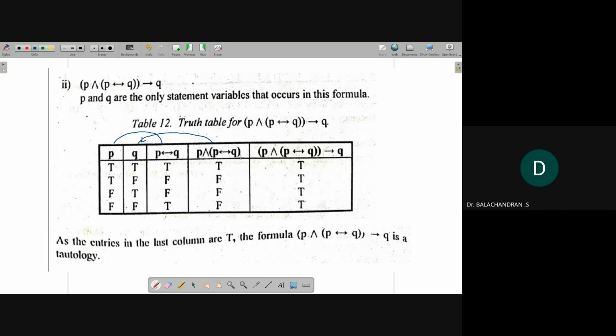Consider this is P, this is Q. P implies Q is false only if the first is true and the second is false. So T T gives T, FF gives T, FT gives T, FF gives T. So all of them are true, and hence it is a tautology.